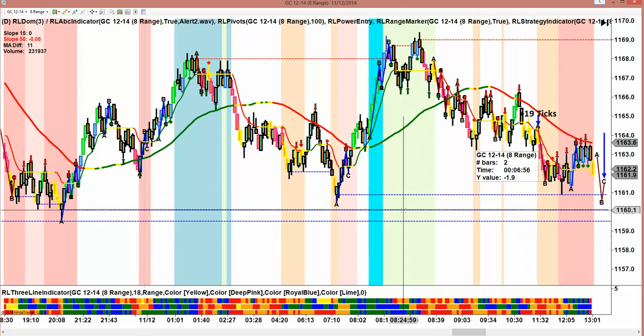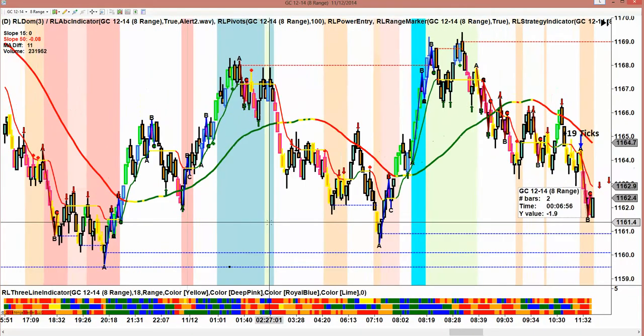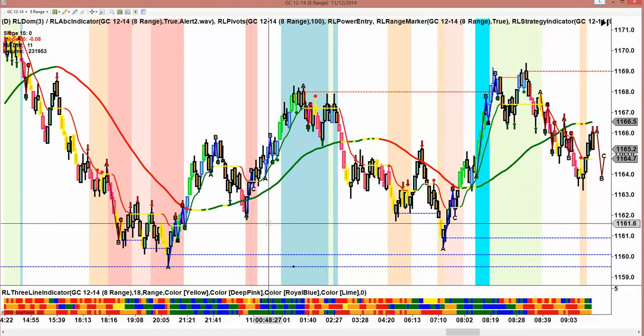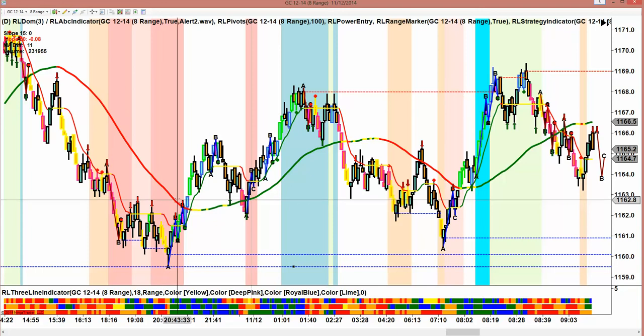Now to the downside, we have our three colors as well, and they're projected right here. It takes a little bit of getting used to, but we have our dark pink. Again, this includes all support to the downside has been broken, and price action is aligning on our two higher time frames.